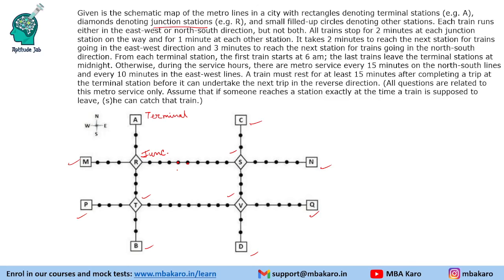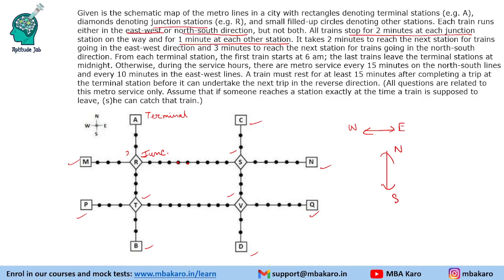Each train runs either in the east-west or north-south direction. So this is the east-west direction, that is west to east, and this is the north-south direction, but not both. All trains stop for 2 minutes at each junction and 1 minute at each other station.